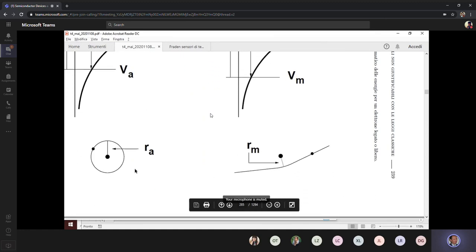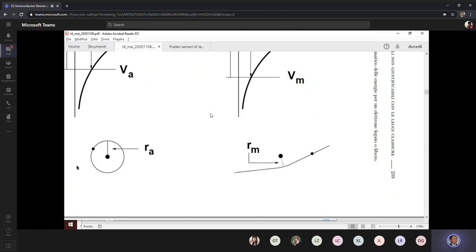So if you look at the lower left part of the figure, this is the simplest possible description of a planetary system, in which it is assumed for simplicity that the planet goes along a circular orbit.